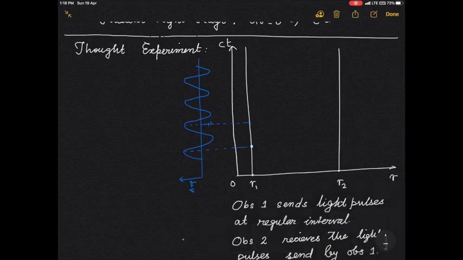So the first light pulse starts here. Let us call this time t emitted. What trajectory will it follow? A 45-degree line. It gets observed here, and let us call that time t observed. So the first pulse is received by observer 2 at t observed.